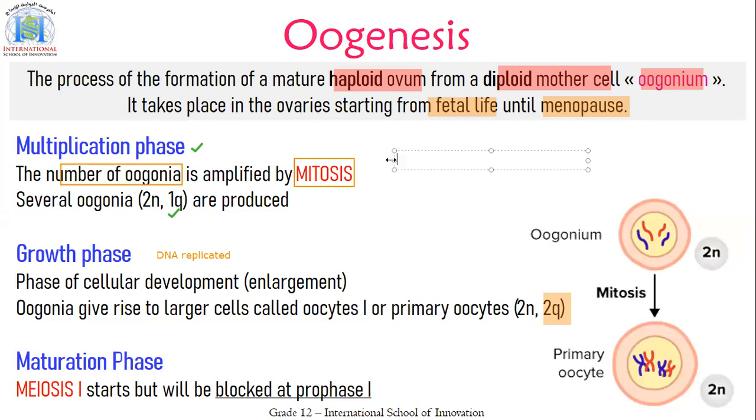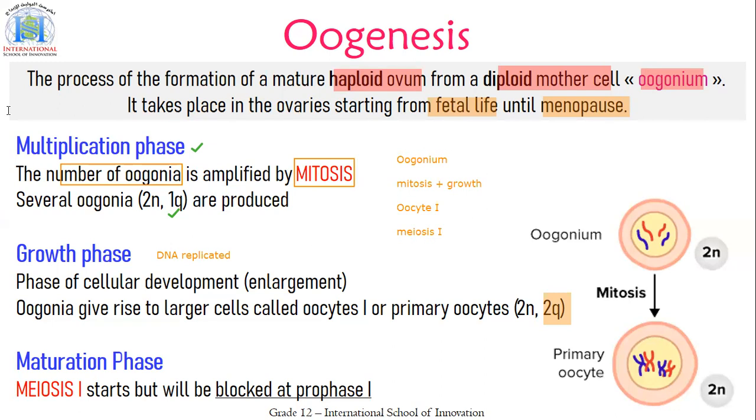So till now we have one oogonium. This oogonium, by undergoing mitosis and growth, will give oocyte 1. Oocyte 1 then will do meiosis 1.